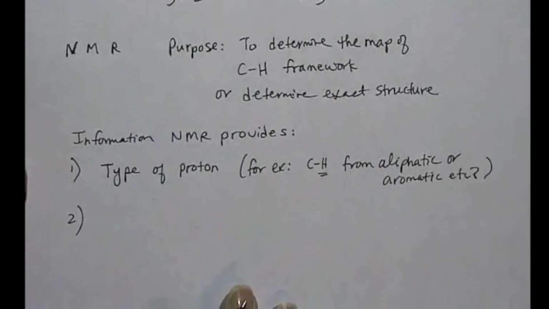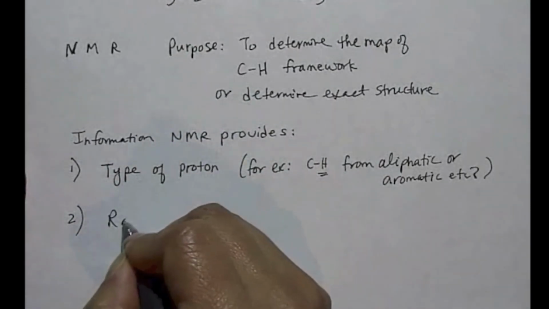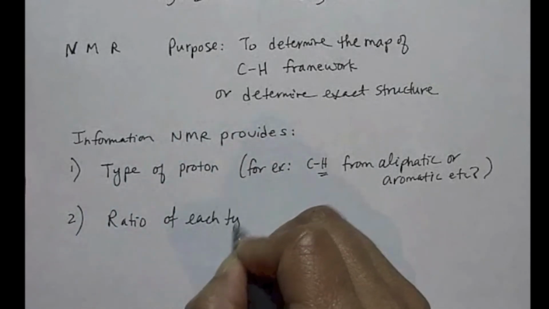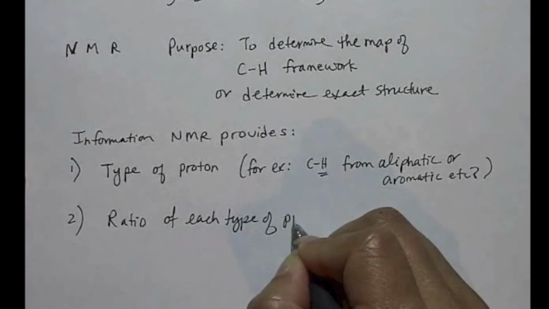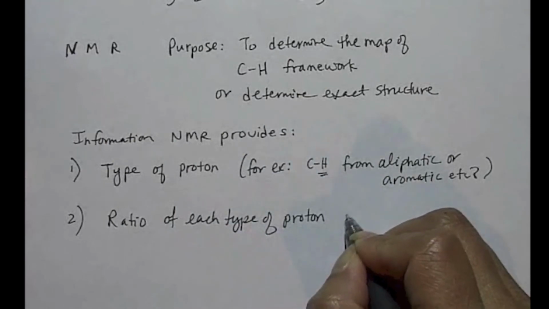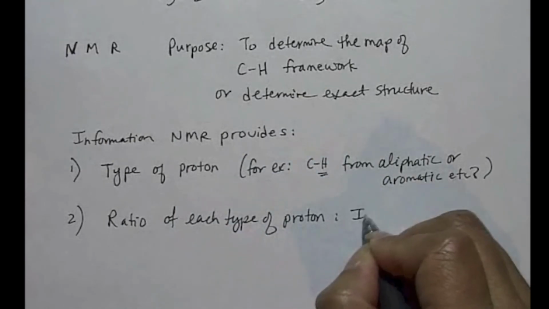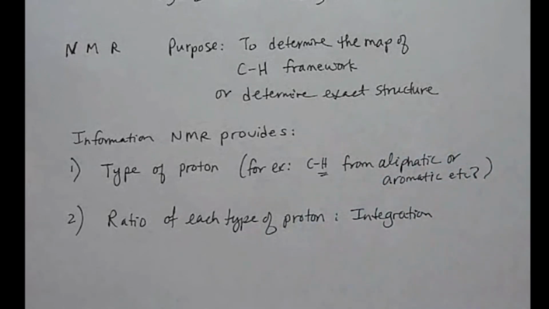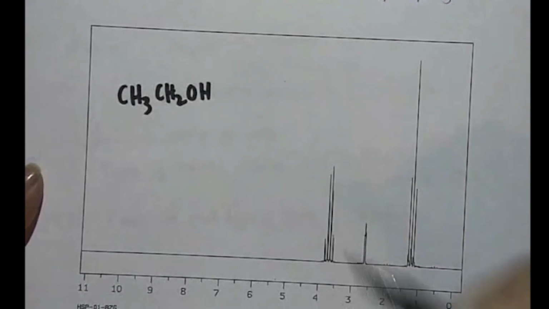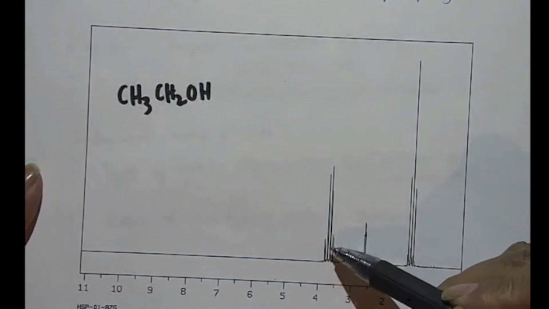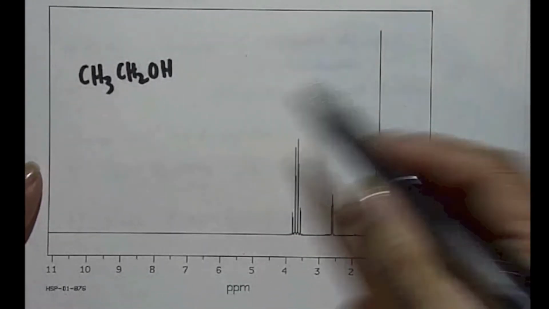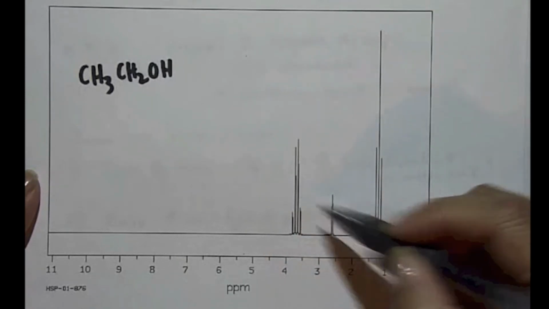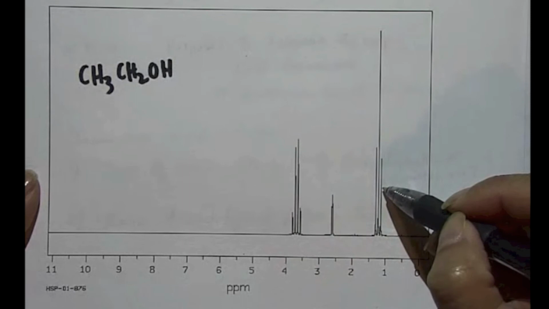The second piece of information that NMR provides is the ratio of each type of proton, and we call this integration. In this NMR spectrum of ethanol, this is one type, this is another type, and this is another type.